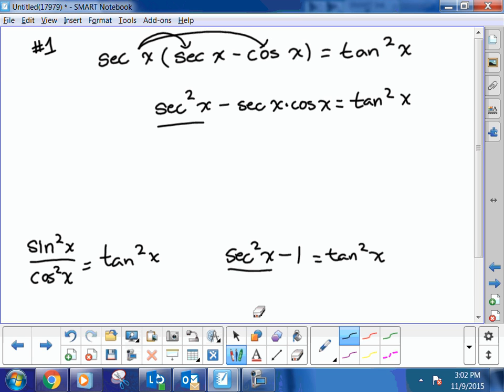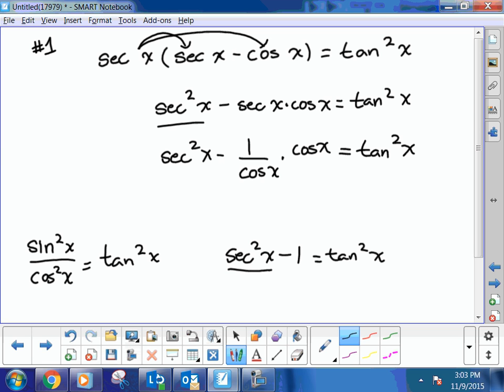If you replace one of these trig properties, specifically the secant x, once you replace it, it becomes clear. Remember, secant x is really 1 over cosine x, and times cosine x up here as a numerator is equal to tangent squared x.